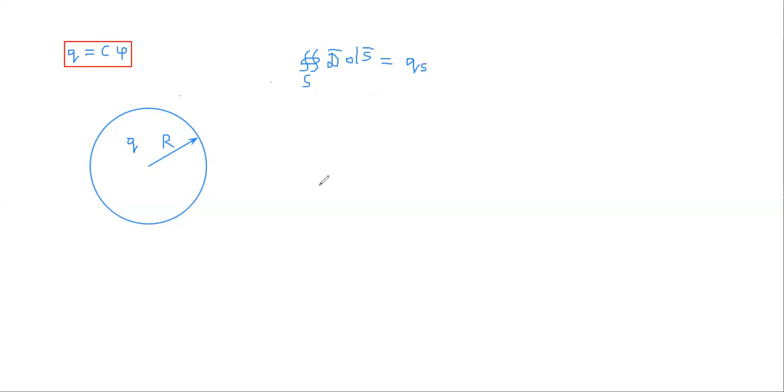And first of all, to do this, we have to choose some optimal form of closed surface S. How to do this? It is necessary to take into account that system has symmetry.